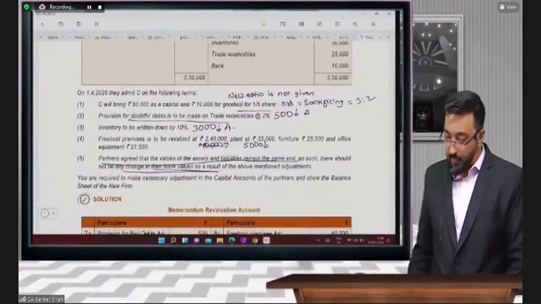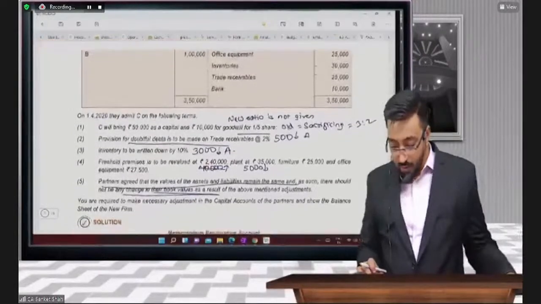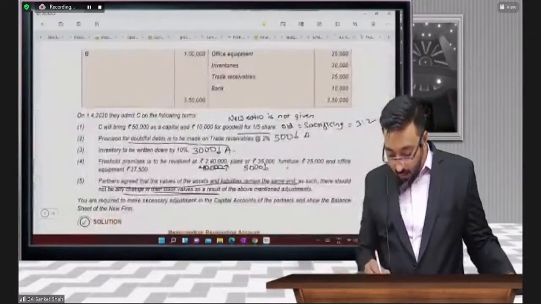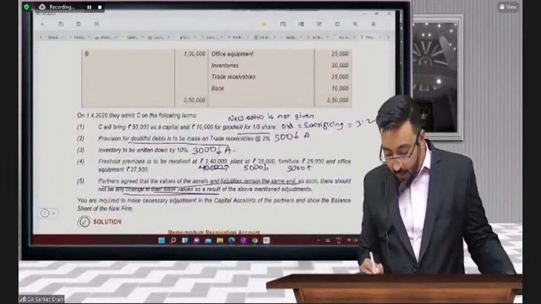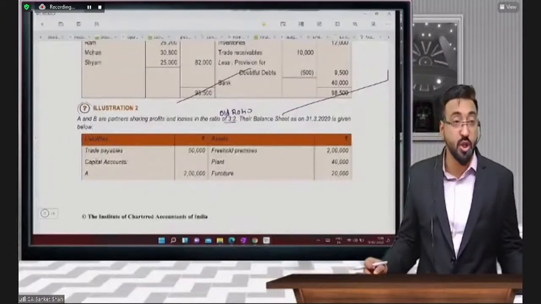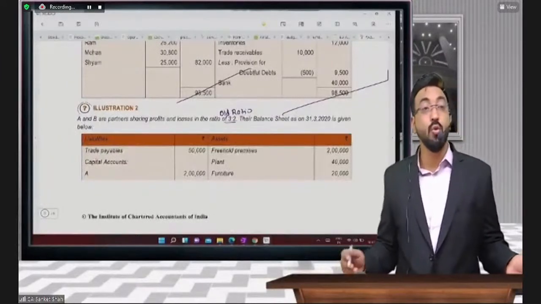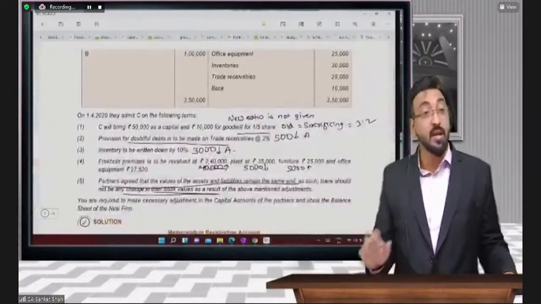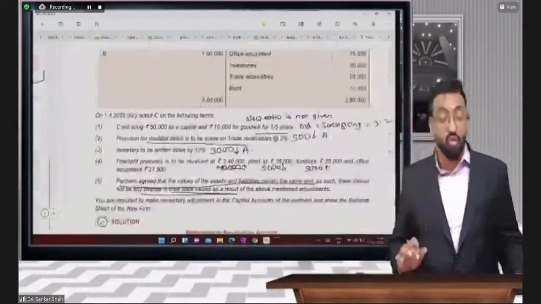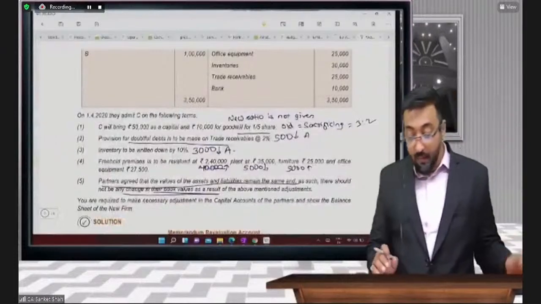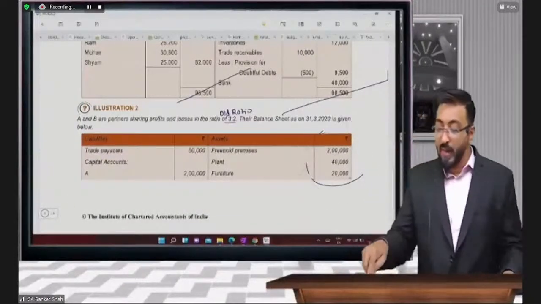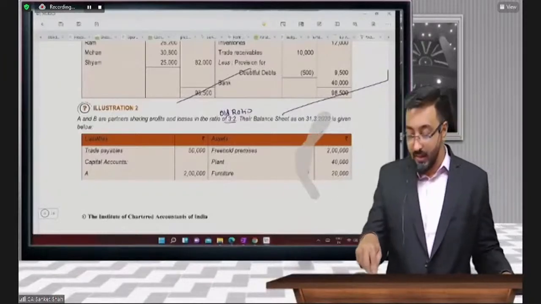Furniture 25,000. See, beta, I have not recorded values next to the balance sheet because balance sheet figures are not going to change. So there is no meaning to record all revised figures next to your balance sheet asset side. That's why I have not recorded them next to our book values, because book values will remain the same as it is.